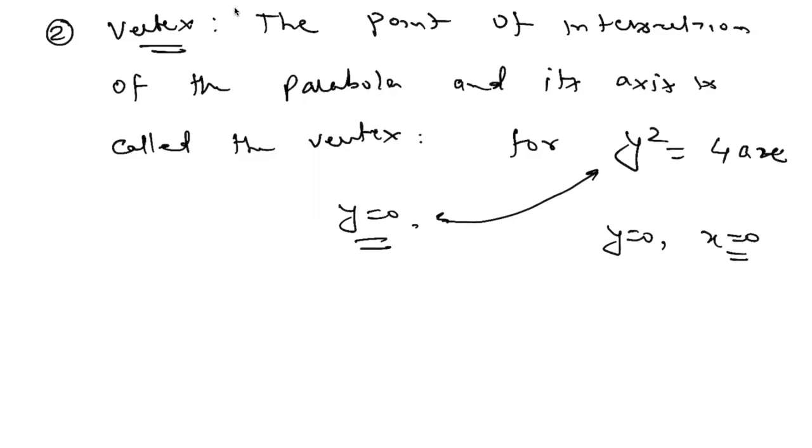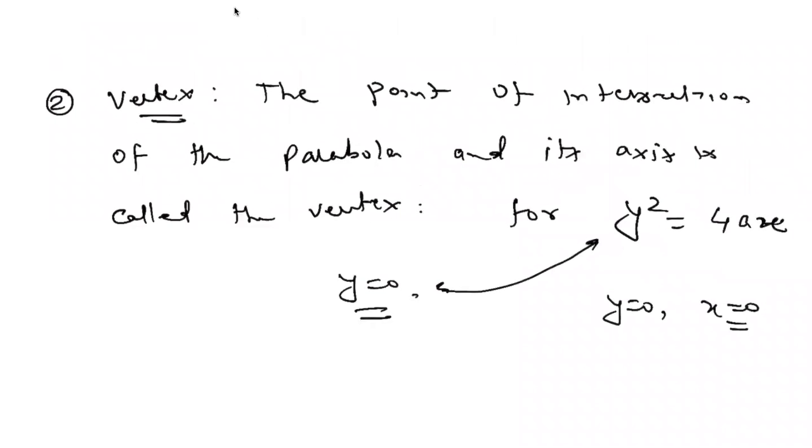So the vertex in this case will be 0, comma 0. This is called the vertex of the parabola.